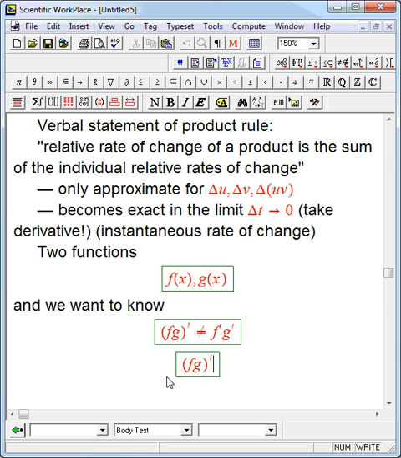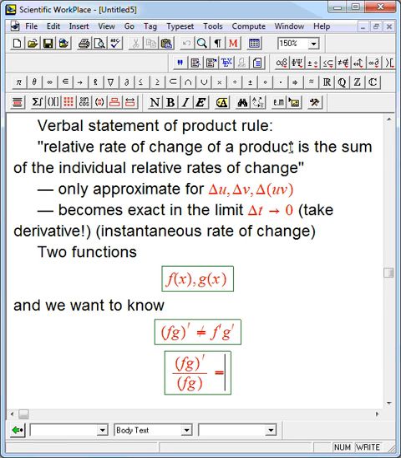If we look at the rate of change of fg, the product of those two guys, and then we relativize it, we say, let's actually take that and divide by the quantity fg itself. So like if f and g were length and width, this is the area, and that's the rate of change of area, divided by the area. It's the relative rate of change. What we got was, okay, we just have to write this out.